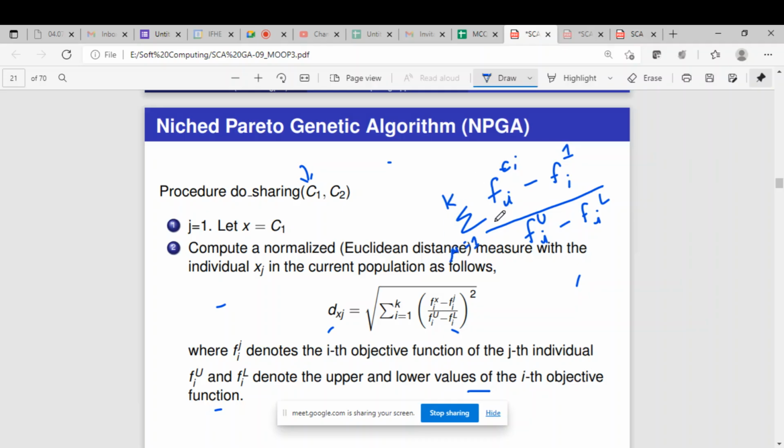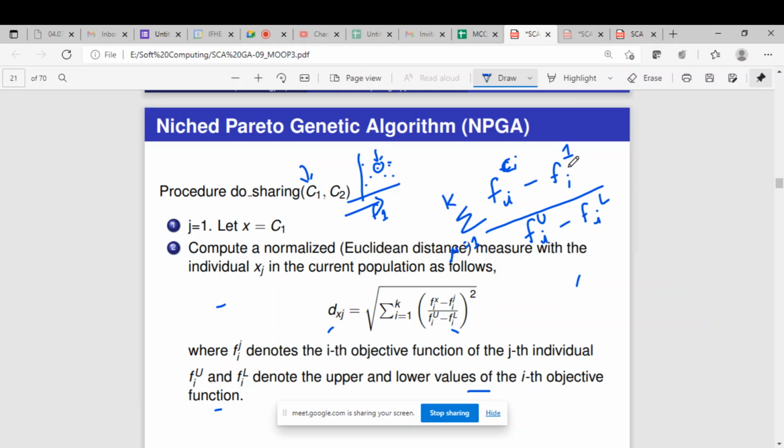If i is initially 1, then with respect to the first objective function, what is the value of c1? c1 is one of the solutions.